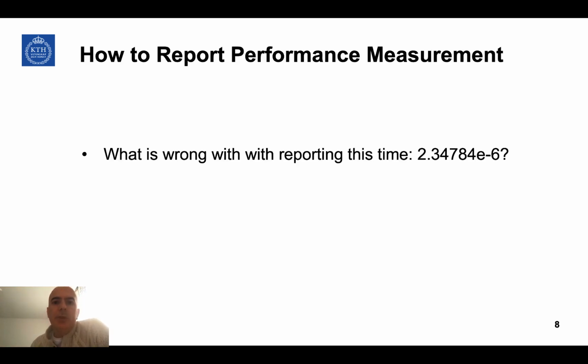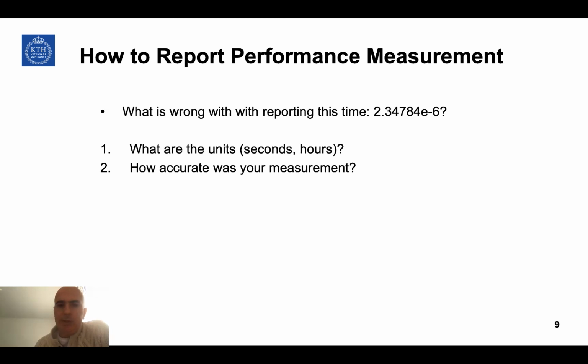So how to report performance measurements in our papers, in our reports? Let's look at something. So what is wrong with reporting this time here, right? If you just put this number here, well, there are two major problems. First, we need to understand what the units are. Is it second, microsecond, millisecond?